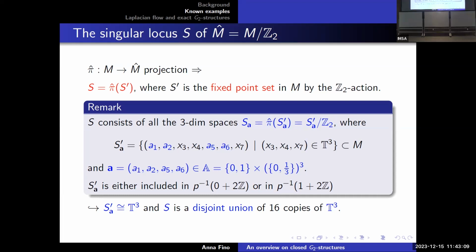I put in blue the elements A1, A2, A5, A6 that correspond to the previous action before. And the important thing is that the fixed sets are included in the pre-image under the fibration of S1 of that element. That means essentially that they are abelian and have to be copies of T3. So the singular locus is just a disjoint union of 16 copies of the 3-torus.